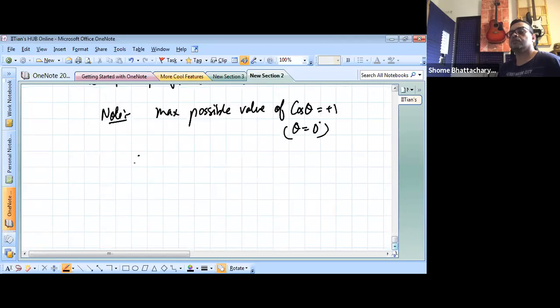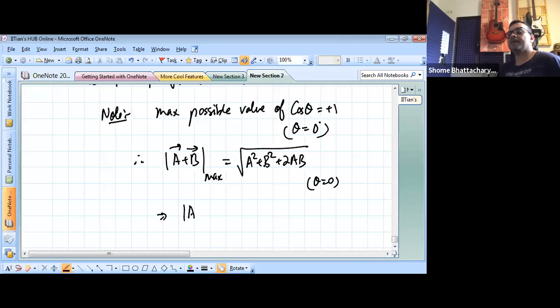Therefore, magnitude of a plus b's maximum possible value is equal to root of a square plus b square plus 2ab, and this occurs for theta equal to 0.